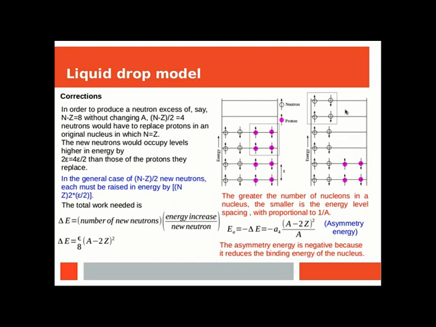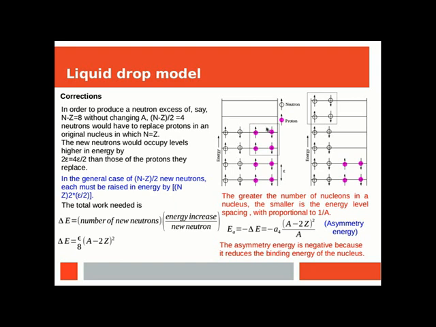So 4 protons of an N equal to Z type of nucleus shall be replaced by 4 neutrons in this arrangement, and you see that the one which has an extra number of neutrons acquires a greater number of energy levels.